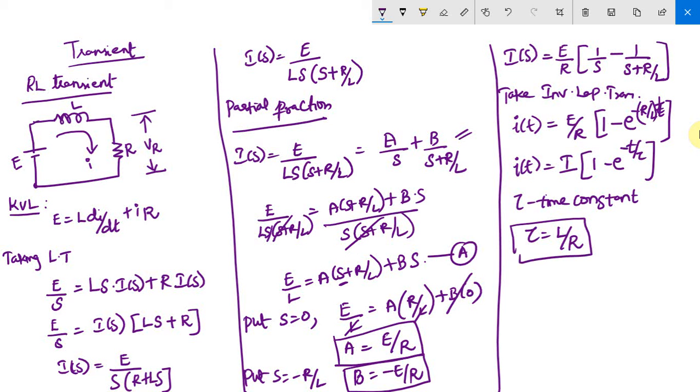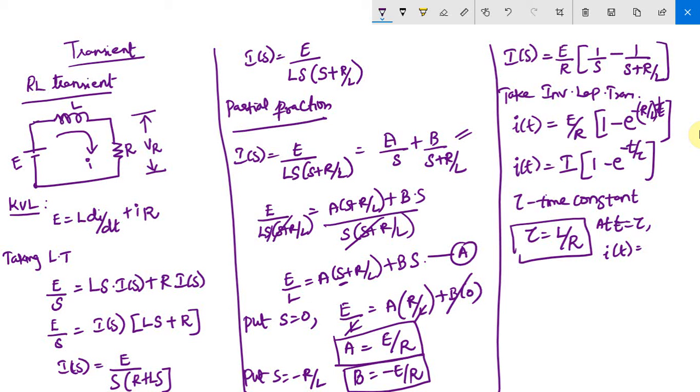At the time constant, at t = tau, what is your I(t)? Substituting t = tau, tau and tau will get cancelled.